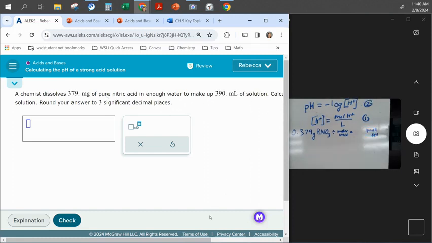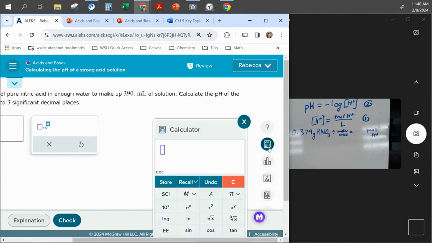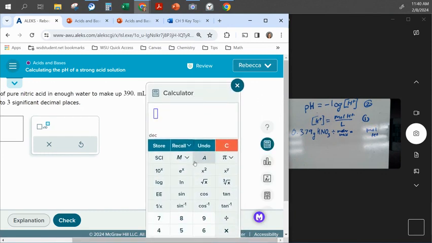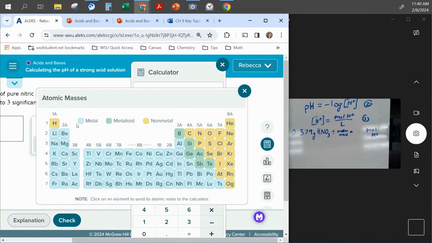So let's do that on the calculator. Let's type that in. 0.379 divided by the molar mass. So we've got H, we need a hydrogen, and then we need an oxygen, and then 3 oxygens.